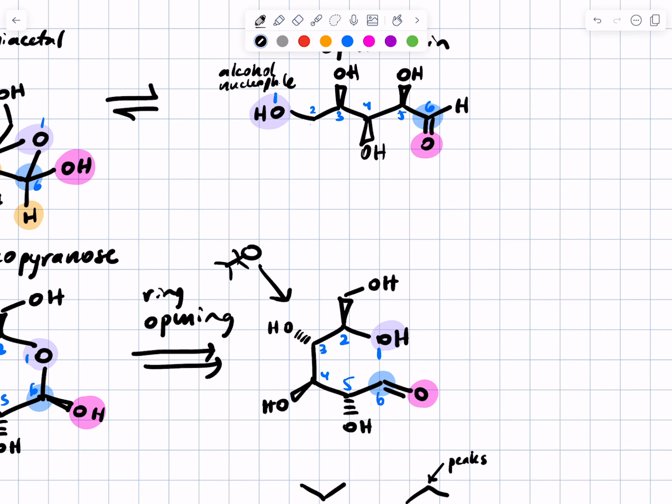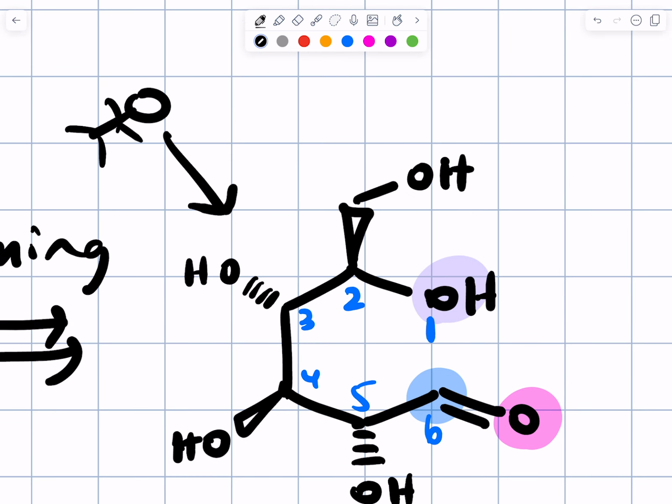Lastly, carbon 2. This one's kind of troubling. Looking at our perspective, let's see. What should it be? Okay, from our perspective looking at it here, just looking at it straight on, 1 is on our right, 3 is on our left, 2 is at a peak, and the CH2OH group is a wedge.